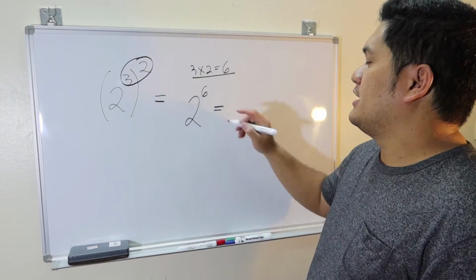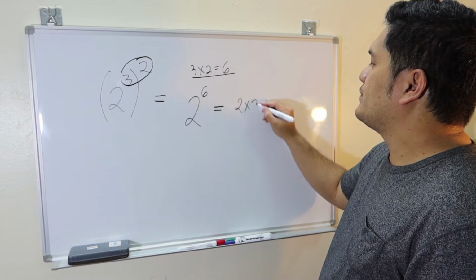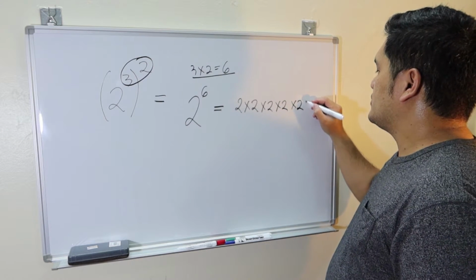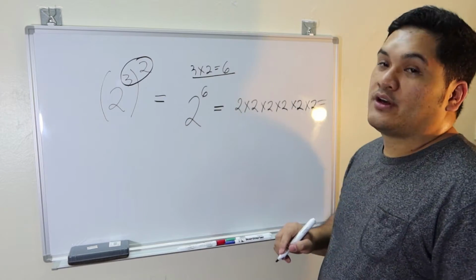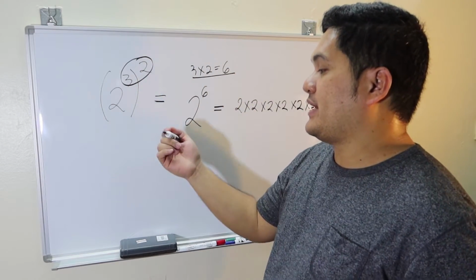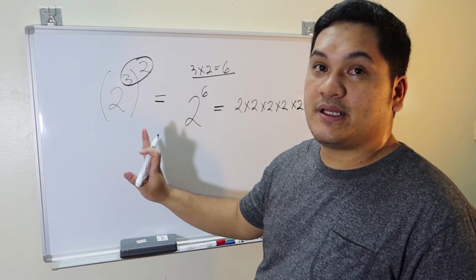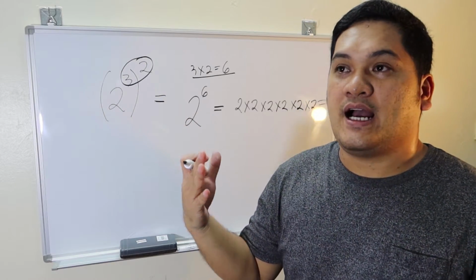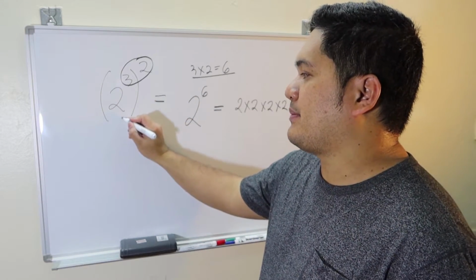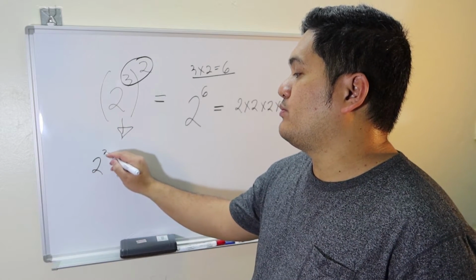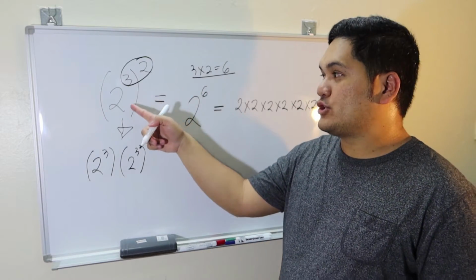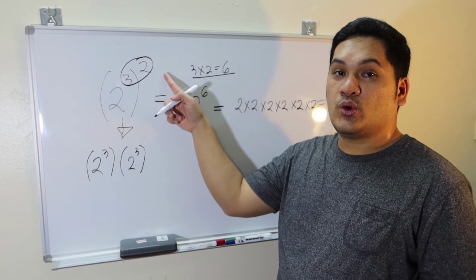Kung i-simplify mo pa siya, it will tell you 2 times 2 times 2 times 2, 1, 2, 3, 4 times 2 times 2. That would be your answer. Pero kung i-simplify natin to from 2 cube raised to 2, ang ibig sabihin dito, sinabihan tayo na ang ating 2 cube i-multiply daw natin ng 2 beses. Let's simplify para mas lalong maintindihan natin. Meron ka daw 2 cube raised to square.